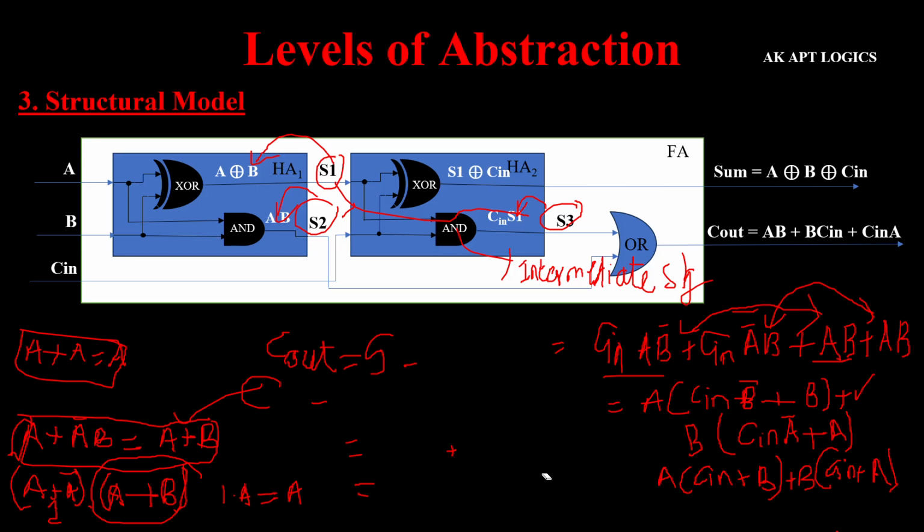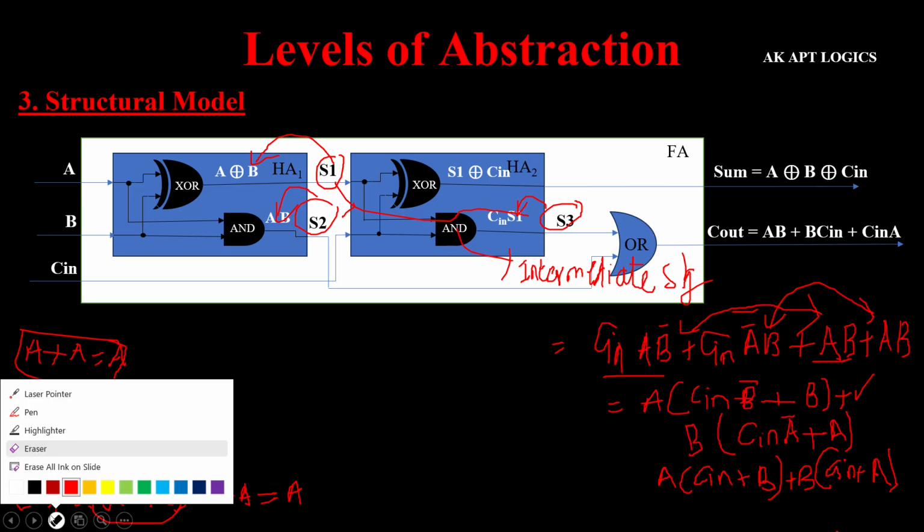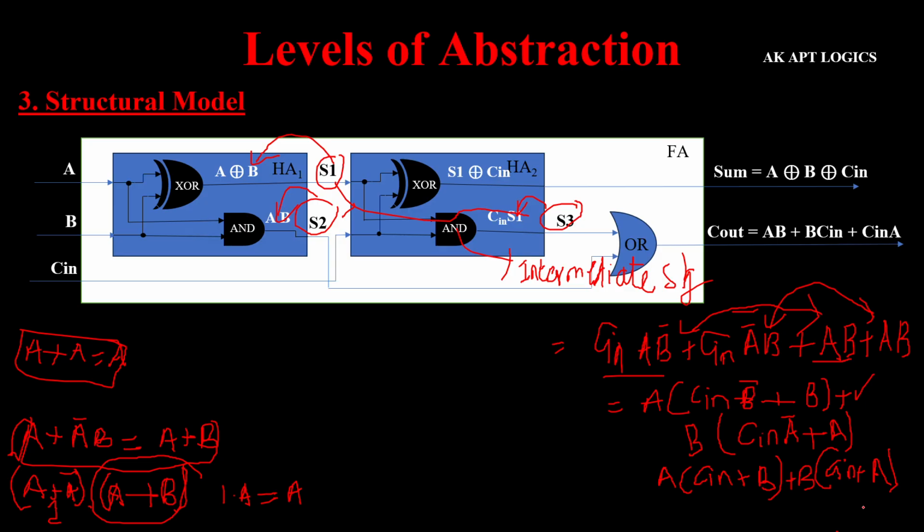Okay, if I am going to erase this part, you just multiply A with C in, then it will be A C in plus AB, plus, again you multiply B with C in, it will be B C in plus AB, right?